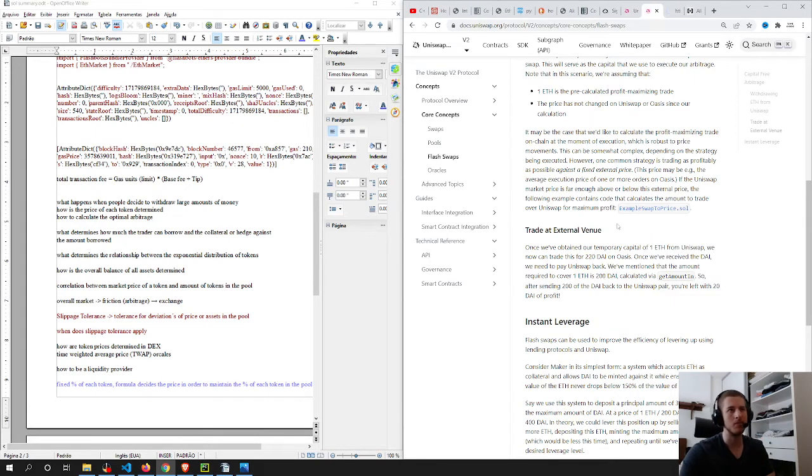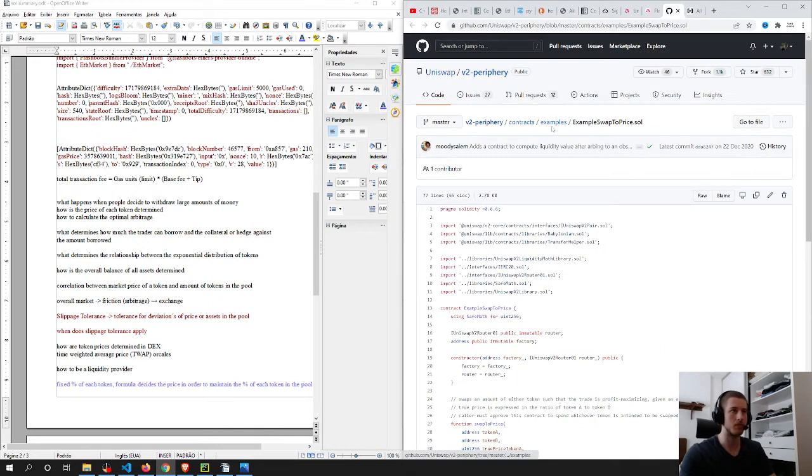Okay, great. So they already provide some example code for that. The following example contains code that calculates the amount to trade over Uniswap for maximum profit. I assume this is a Uniswap feature.